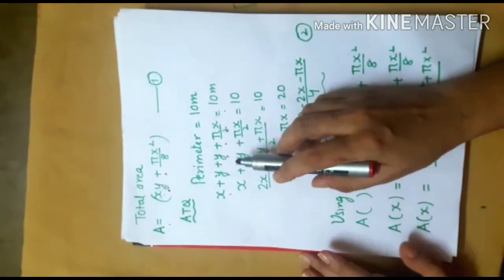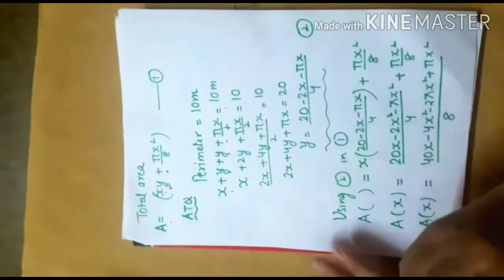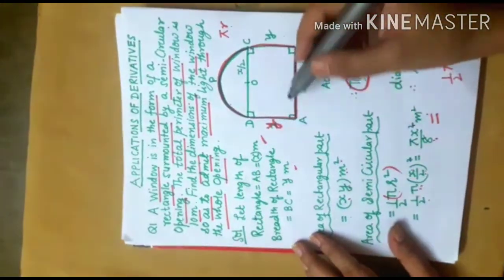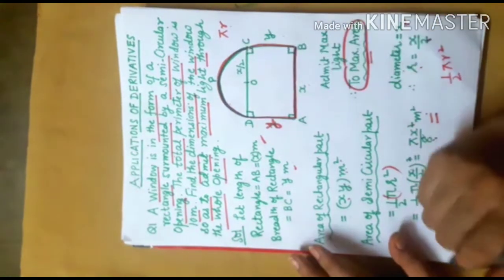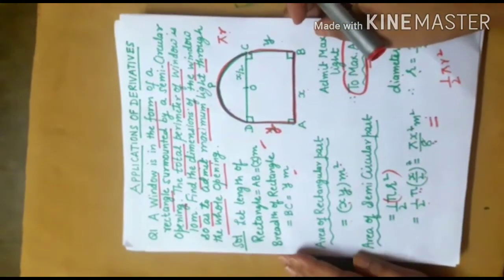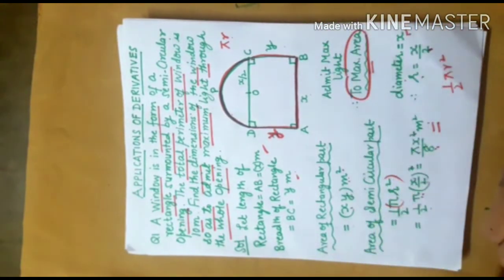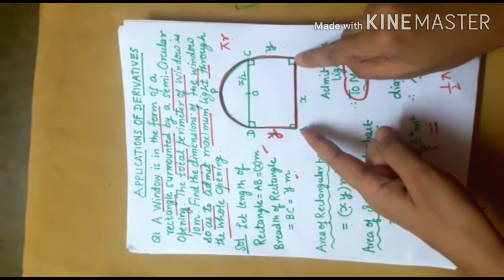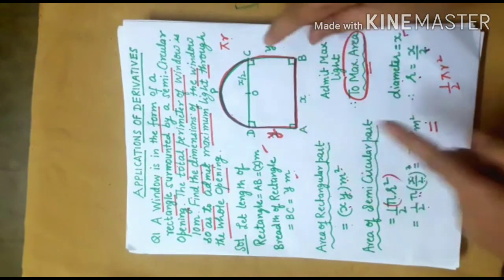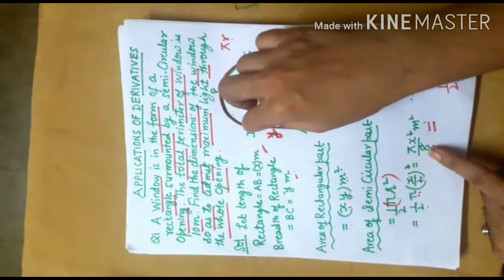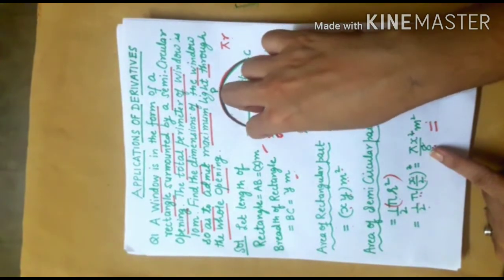Now, according to the question, the perimeter of the window is 10 meter. Perimeter means the length of the outer boundary. So when I compute the perimeter of the window, what all will be included? This length plus this length and this length.